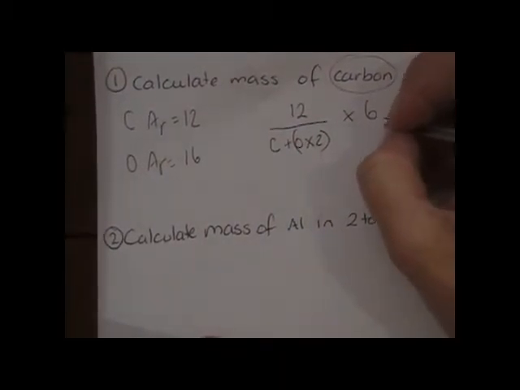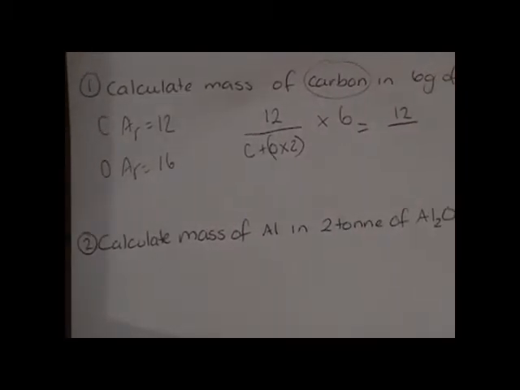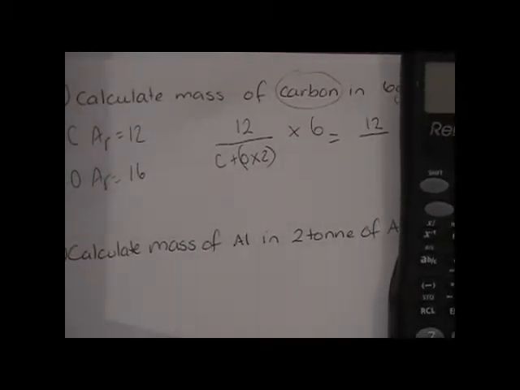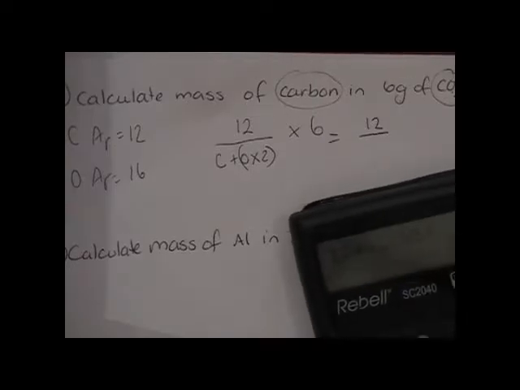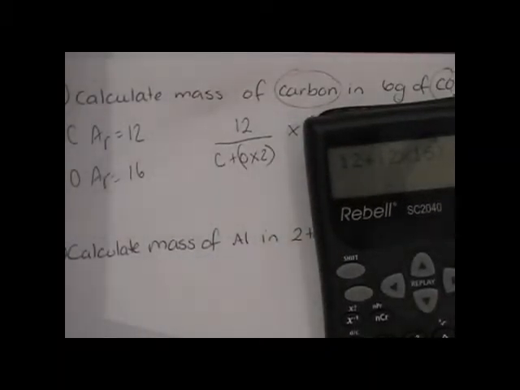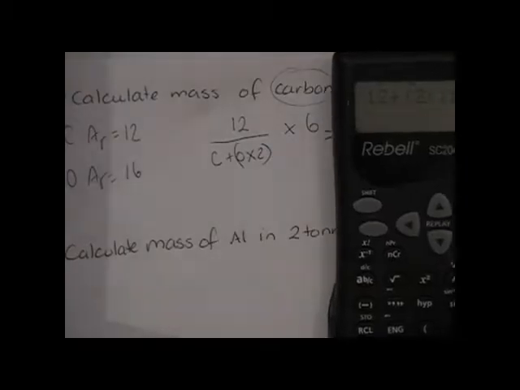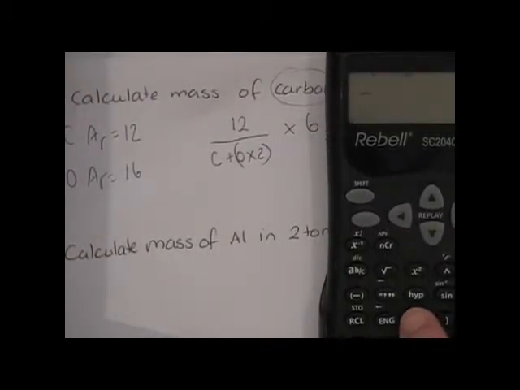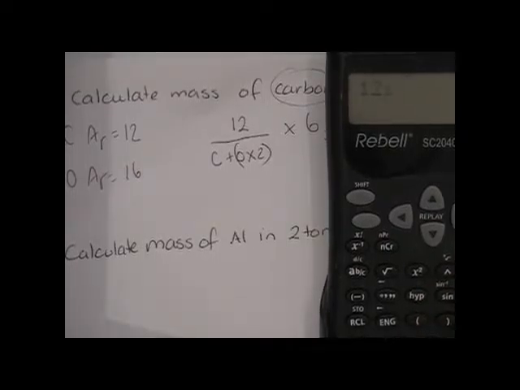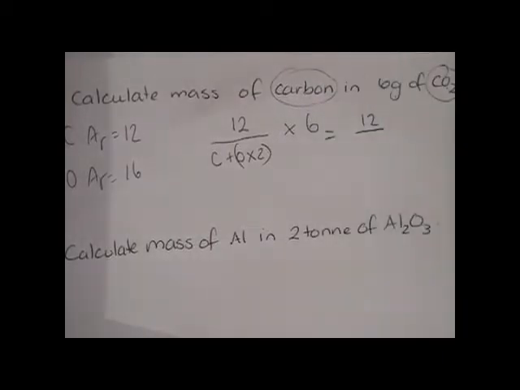If I was to calculate that, that's 12 plus bracket 2 times 16 end bracket equals, and we get 44. I'll do that again to make sure I get the same answer: 12 plus bracket 16 times 2 end bracket equals, and that's 44.